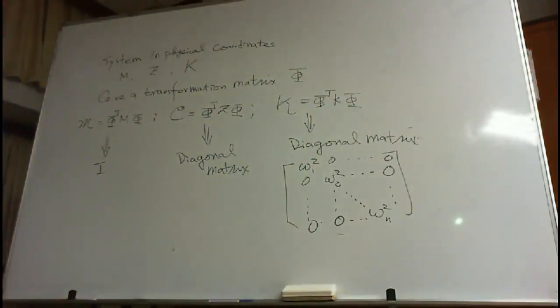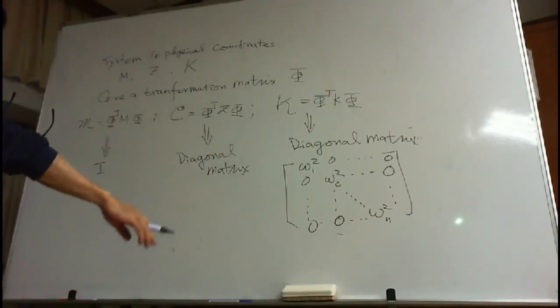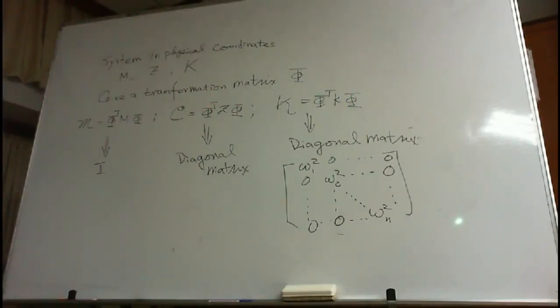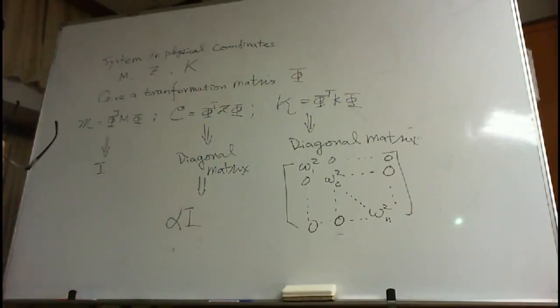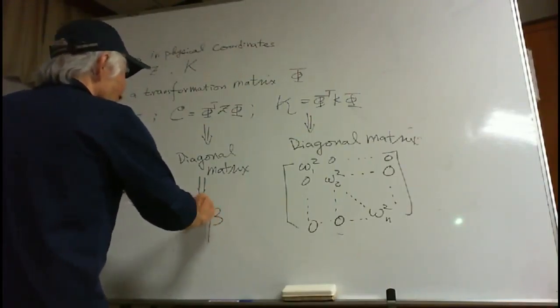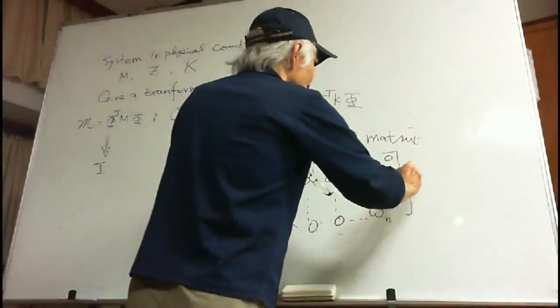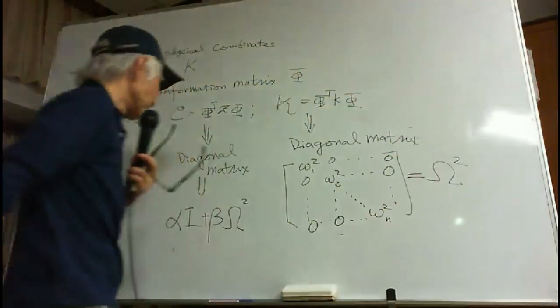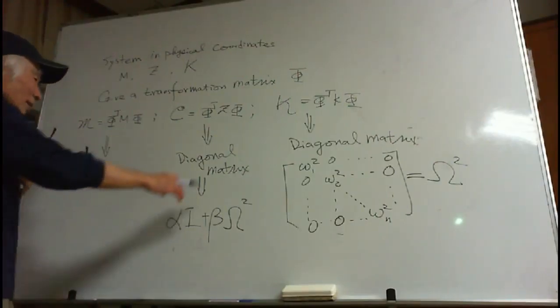Okay? And I already showed you this only occurs when there is a C equal to alpha I. So this diagonal matrix will be alpha times I plus beta times omega squared, and this is my omega squared, the capital omega squared. Only then is that satisfied.